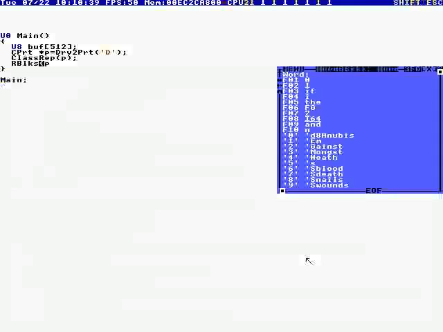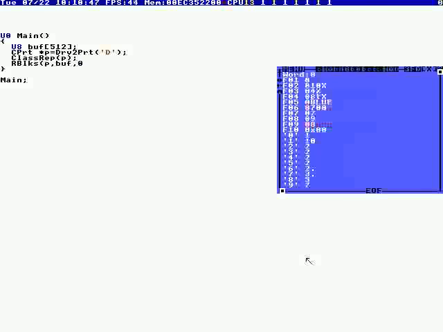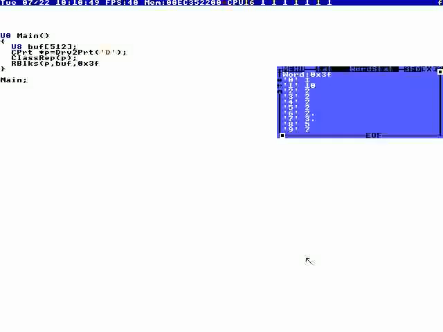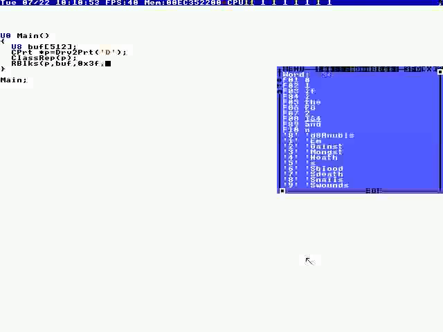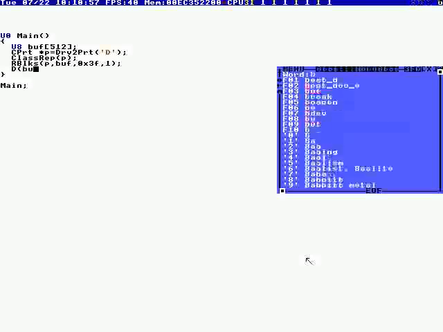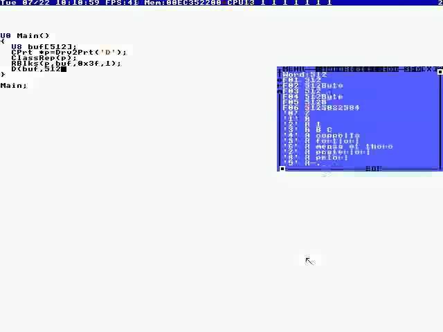Partition buffer block count. I think it has to be within the partition. Let's say 0x3f. Partition buffer block count. Then we say dump buffer count 512.